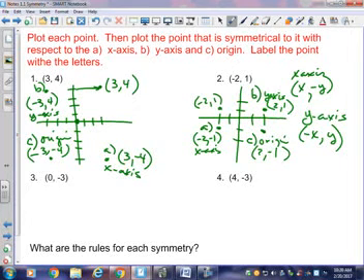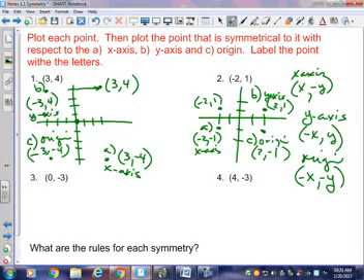Because that's what we determined over here was going to happen, that our 2 positives became 2 negatives when they went to quadrant 3. Well, that makes sense because when you go from quadrant 2 to quadrant 4, what's negative switches, doesn't it? So both of them switched sign. One went from negative to positive, and the other one went from positive to negative. And so our origin symmetry rule is the fact that they both change.